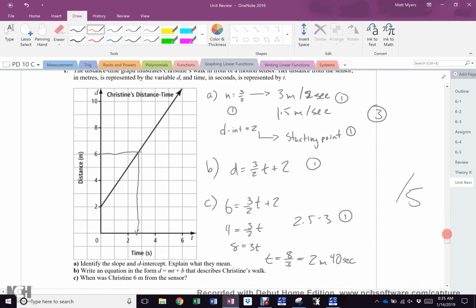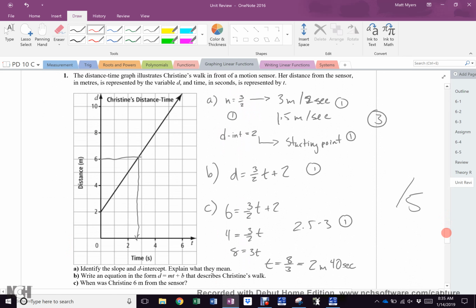Christine and the sensor. 1. A, the slope and the d-intercept. All of that is going to get you 3 points because you had to explain what they mean. The d-intercept is her starting point because that is at time 0.